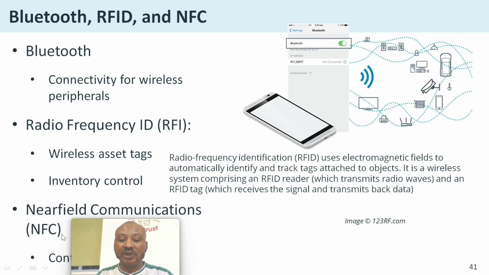Then NFC, near field communication. Of course, we all know that. If you want to pay money with your phone, ensure that the NFC on your phone is enabled. If it's enabled, then you can just pay. Most of us pay with our phones, like inside the train, where we just tap it and pay.